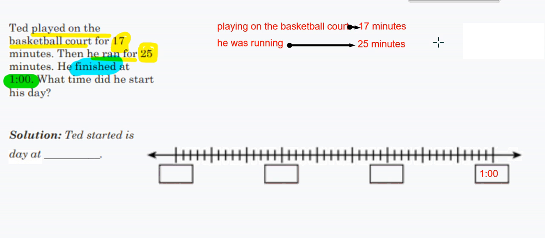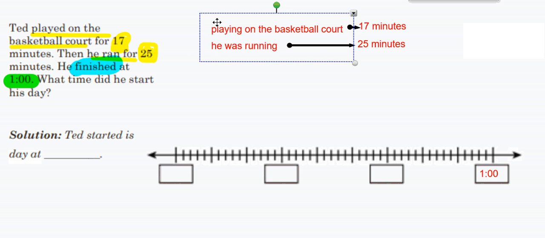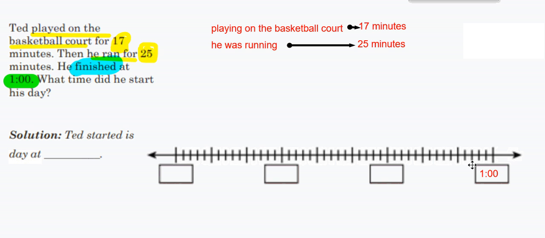So he was doing some activities before he finished. What is it that you need to do to determine what time he started his activities? What do you think you need to do? Pause the video, think about it.